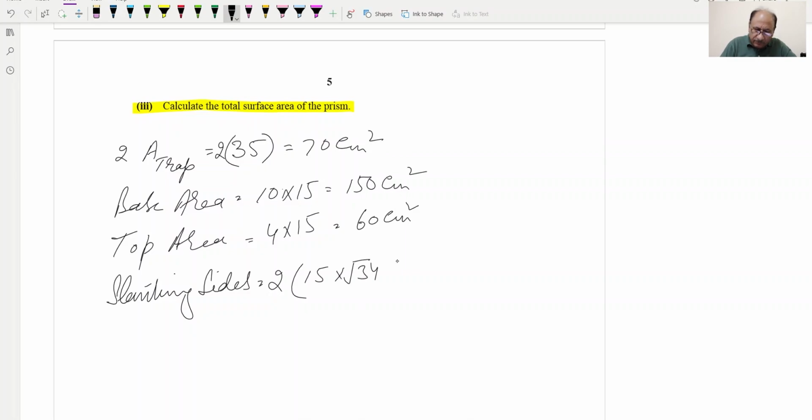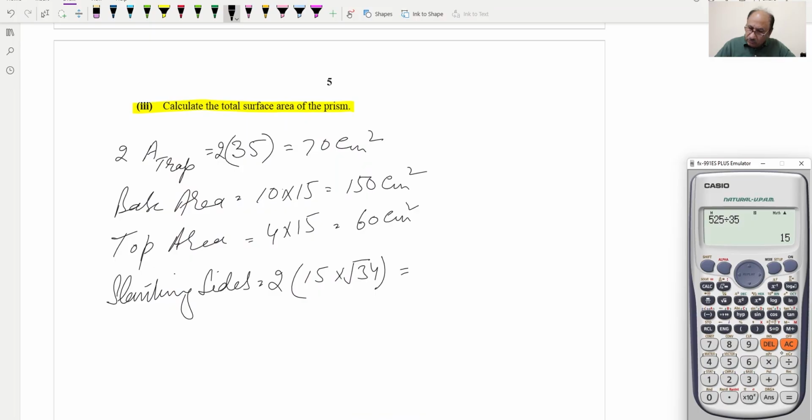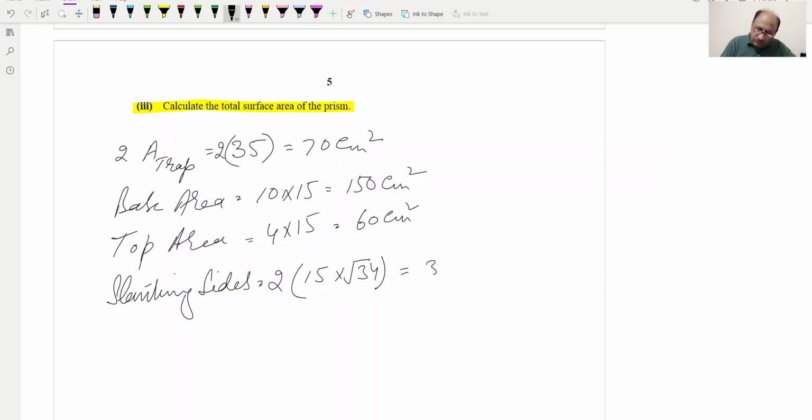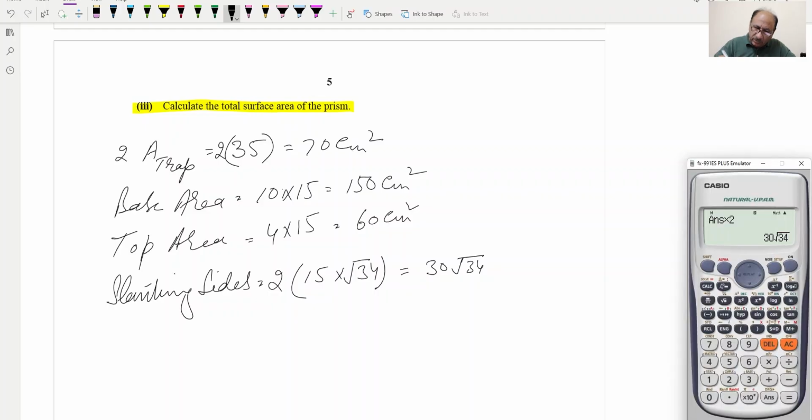This will be for one slanting side. Now we multiply by 2 for the two sides: 15 root 34 times 2 is 30 root 34. This will be our answer.